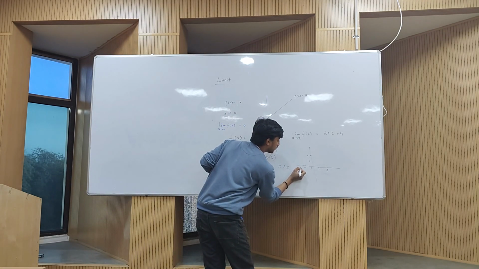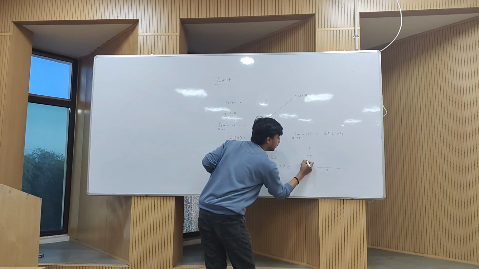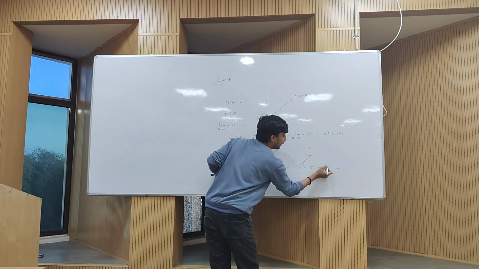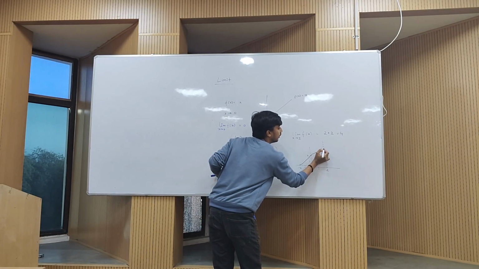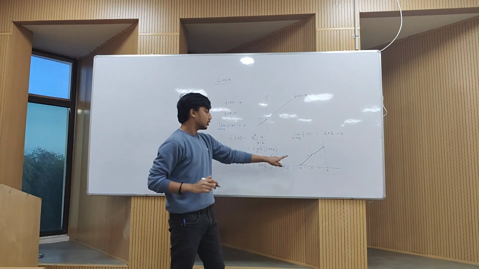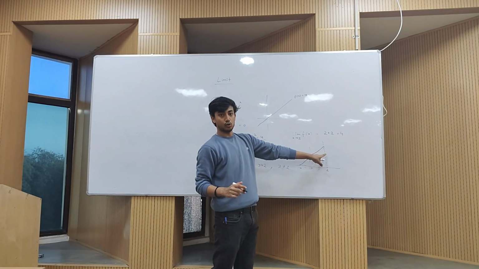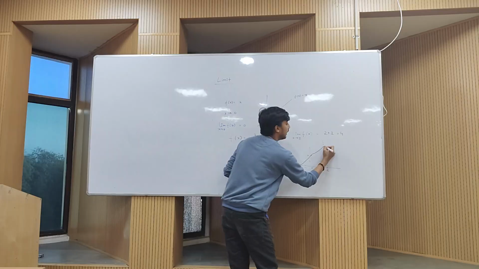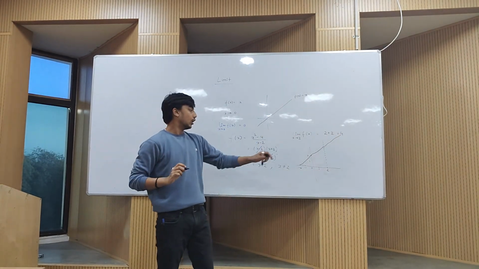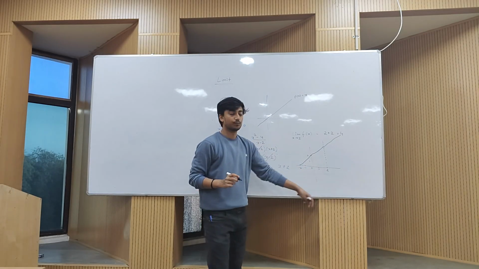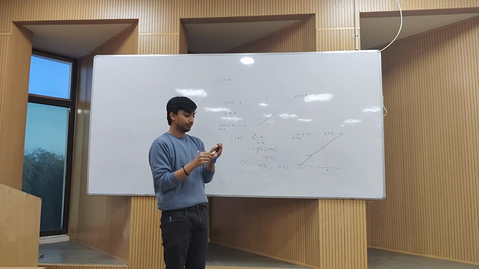Minus 1, minus 2, like this. It is moving like this, but at x equal to 2 the function is not defined. So at x equal to 2 I don't know the value, and at all the other points my function is like this. Only the problem is at x equal to 2.